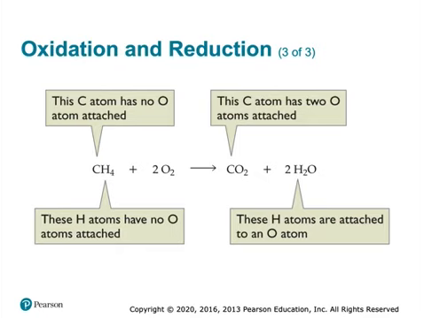In this case, both the carbon and the hydrogen are being oxidized. Well, I guess hydrogen already has a +1 oxidation state, but the carbon is going from an oxidation state of -4 to +4, so it's losing lots of electrons in this one.